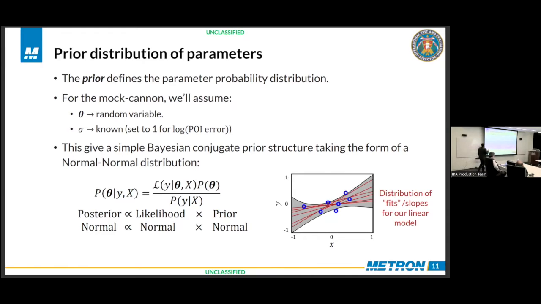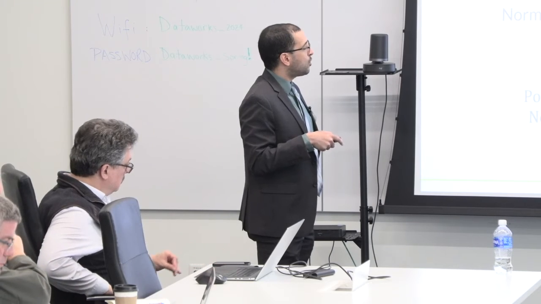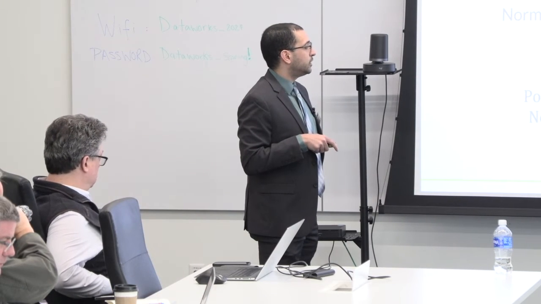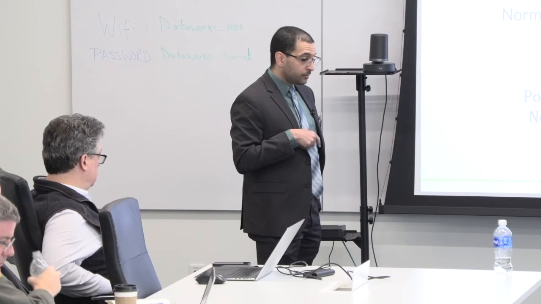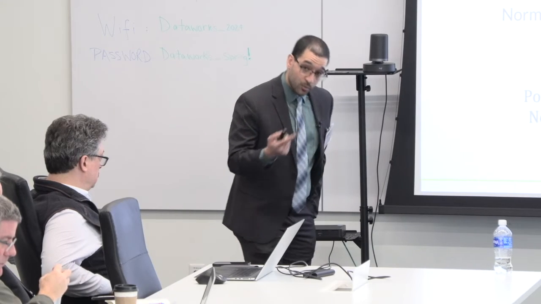So with these assumptions, what we'd like to do is use Bayesian conjugate prior structure, because we don't have to take these very difficult integrals. We can actually calculate the prior to the posterior very simply. So we'll have a normal distribution for the likelihood, a normal distribution for the prior, and what will happen is we'll get a nice normal distribution for the posterior.